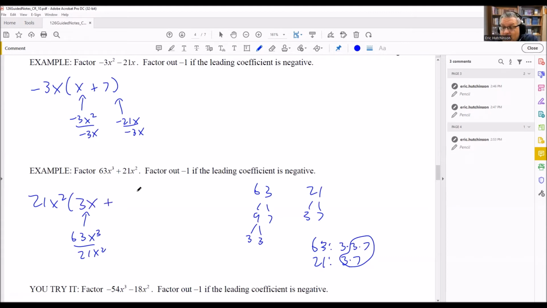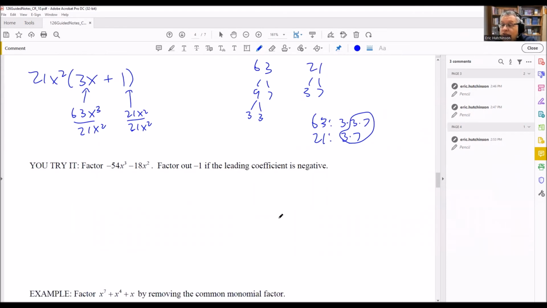Then we have plus. Now for this, notice that we're actually factoring out the same thing as what the second term is. So you're still taking that last term divided by the 1 up front. Now when you do, you get the same thing top and bottom. That's just going to turn into a 1. So you'll have 3x plus 1 inside the parentheses. Again, you can always multiply that back through and check your work to see if you got what you originally started with.